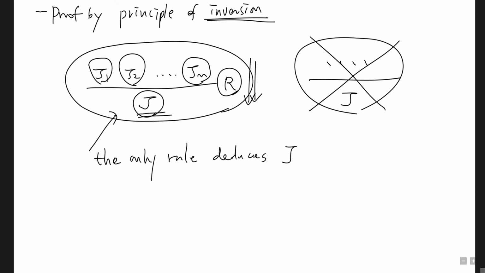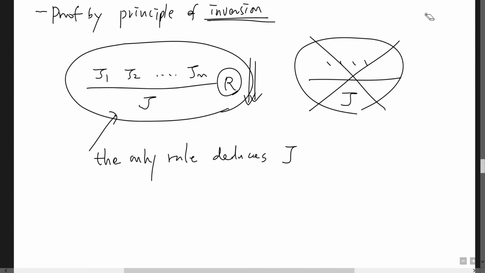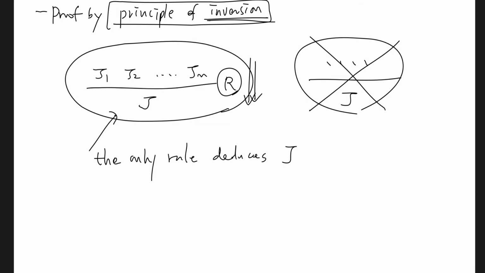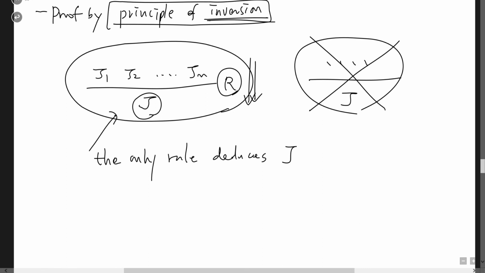If this is the case, then we can employ this technique of the principle of inversion, which means that if you have a proof of this judgment J, then you may assume proofs of these premises. So now we are reading this inference rule in the bottom-up way.